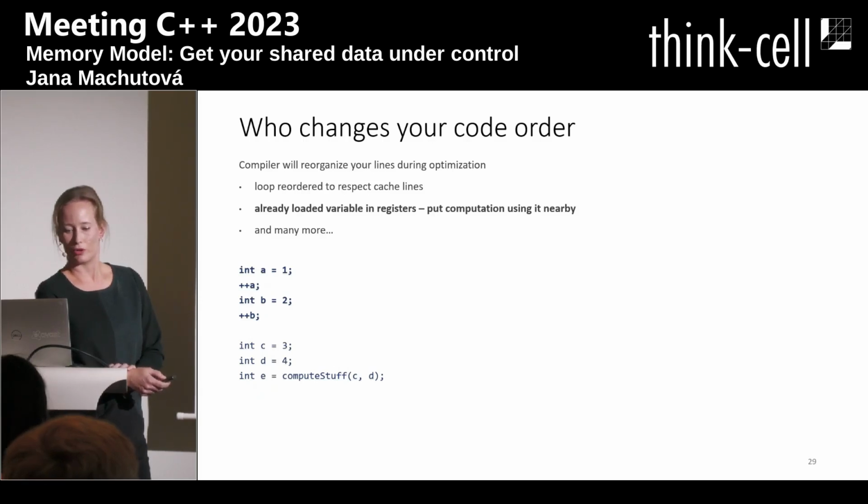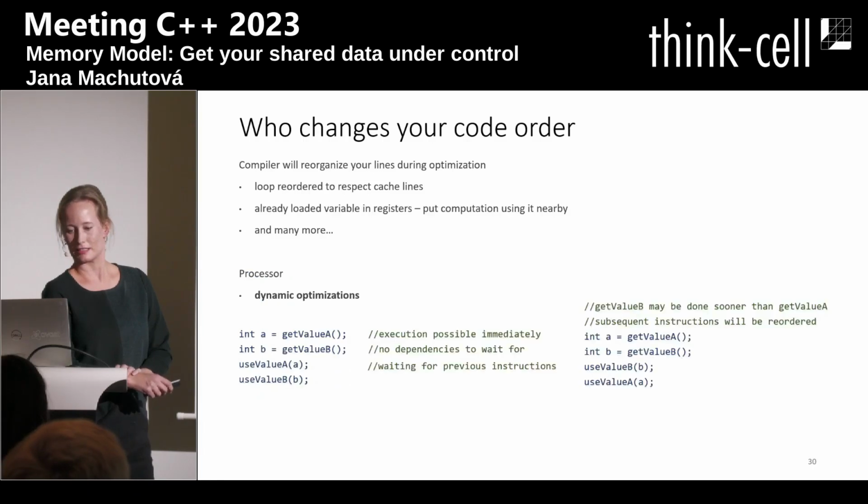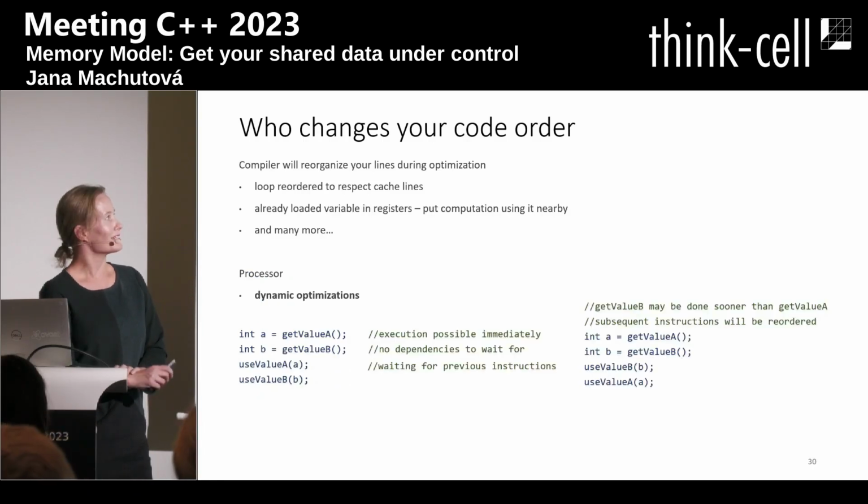And there are many more compiler optimizations which will cause your code to look absolutely different. It's okay in single-threaded code, you won't notice it, but in concurrent code, it's really important to notice.